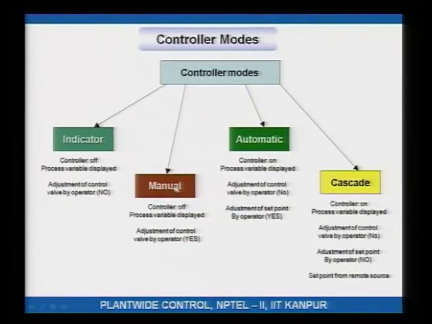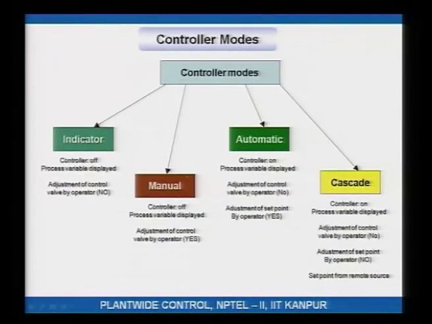So, in manual mode, the operator specifies the valve position. In automatic mode, the operator specifies the set point of the output. There is also what is known as the cascade mode, and what happens in the cascade mode is that even this set point is coming from another controller. So, these are the 4 modes of a controller.